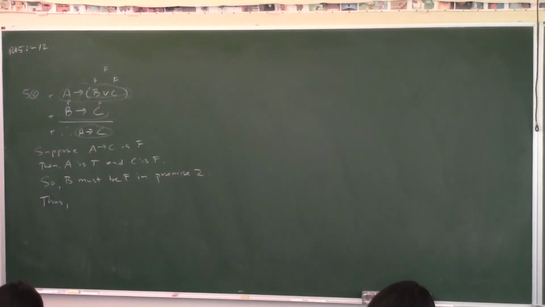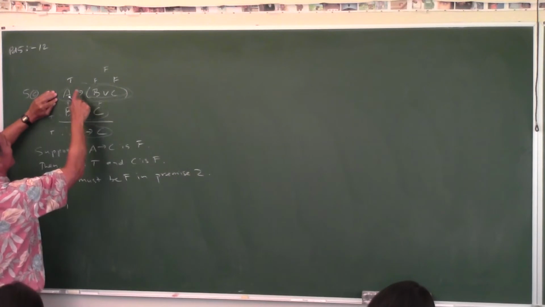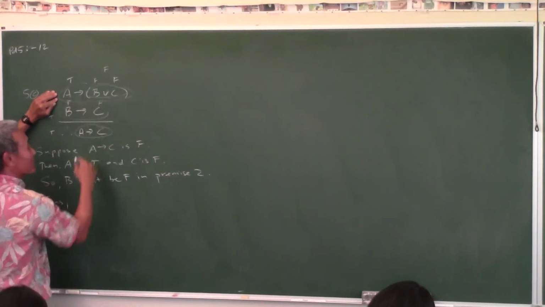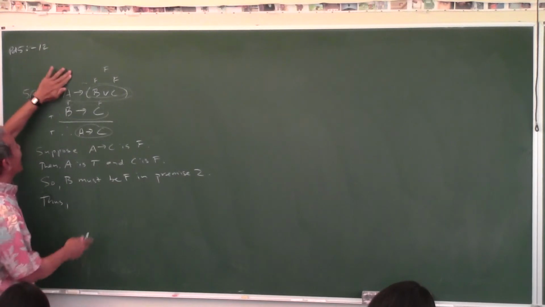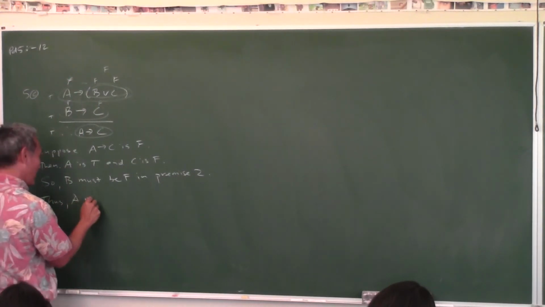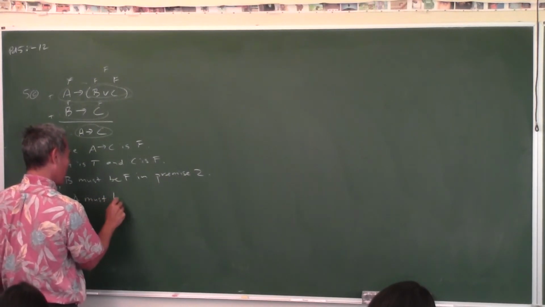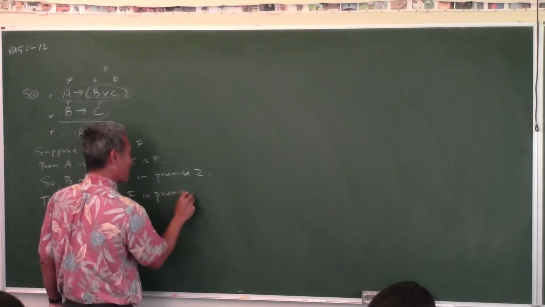If the first one is true and the second one is false, it's false. But it's true, so A has to be false. Thus, A must be false in premise number 1.